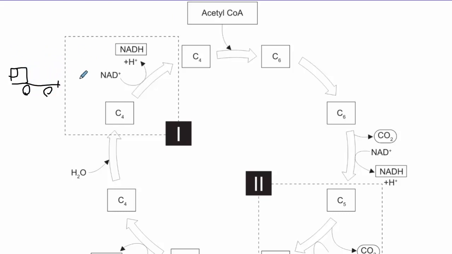So empty, NAD plus, okay? But if it's filled, then it's NADH plus H plus, and then it has a proton and an electron.